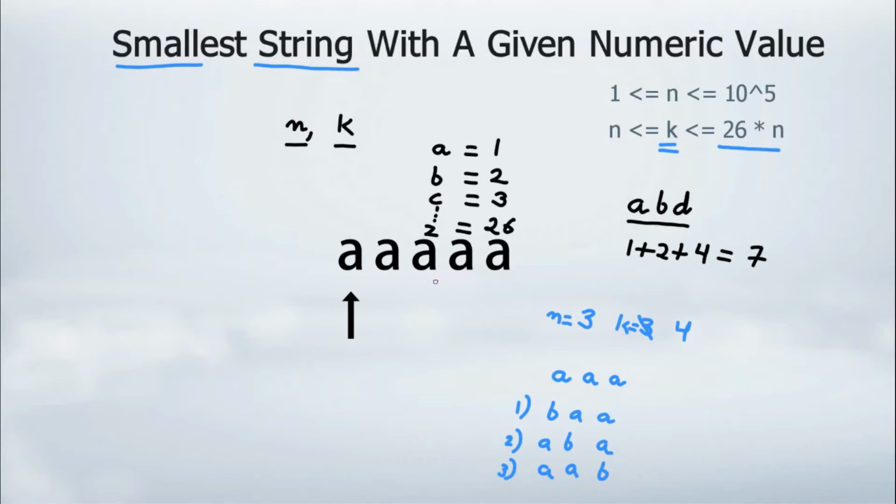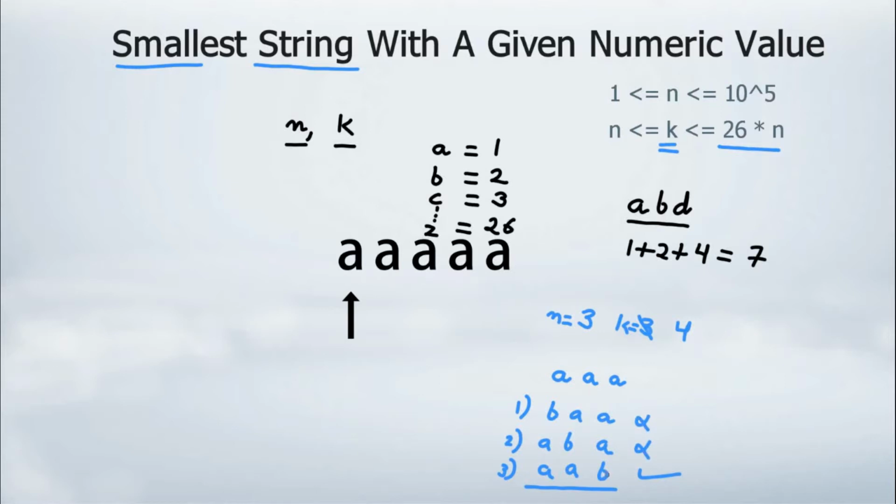Smallest here actually means lexicographically smallest string. And it means that the way we search or look for words in the dictionary, that's how you are supposed to return the string also, the one which will appear the earliest, that is the smallest string. In this case we can simply see that the smallest word or smallest string that we might see in a dictionary is this one, that is AAB, and therefore this is our answer, while these are not our answers.